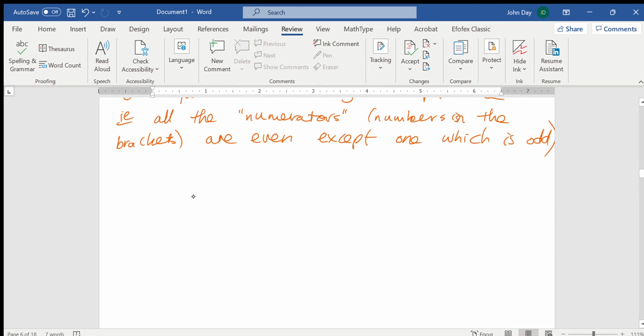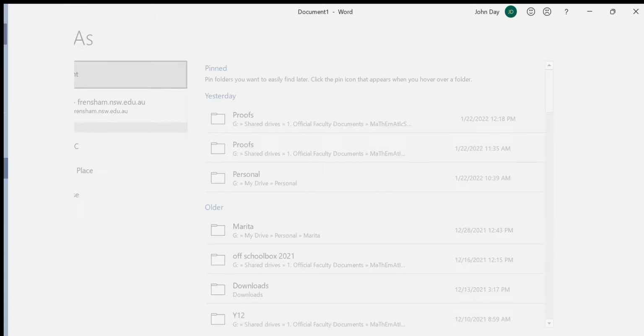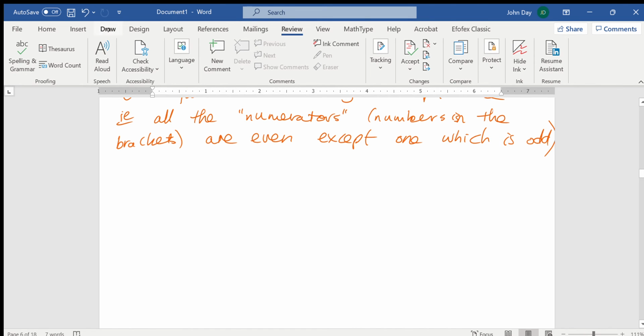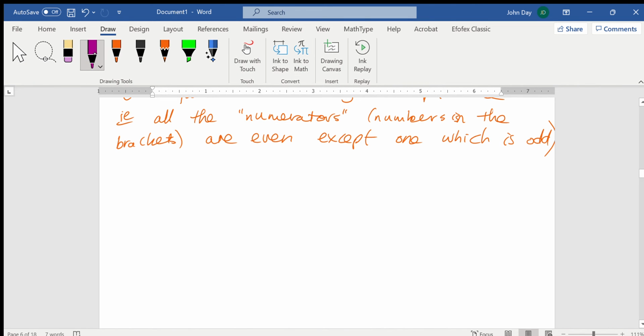So in the end, you'll end up with this sum from k equals 1 to n of 1 on k.